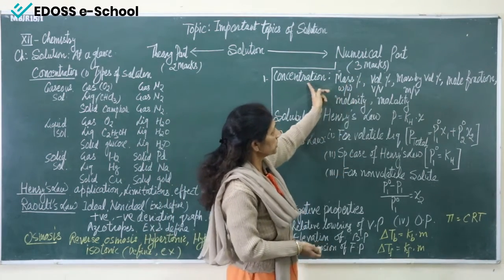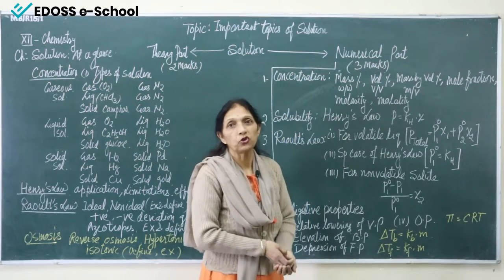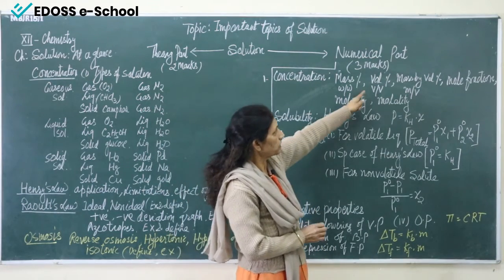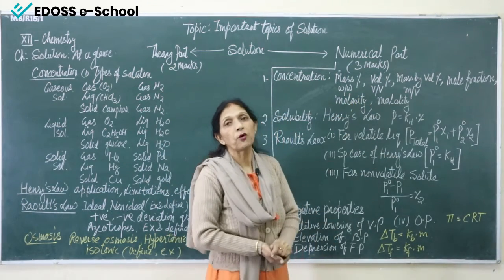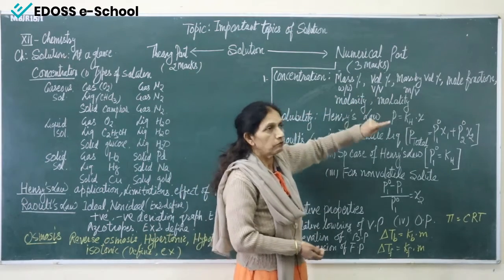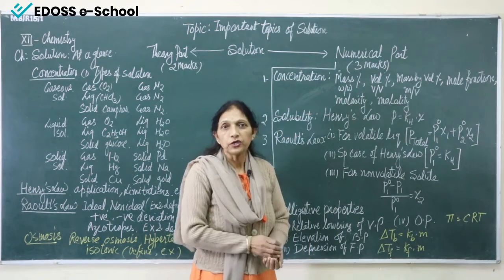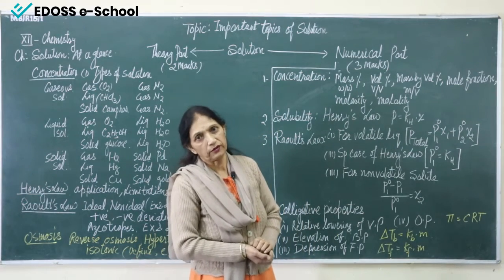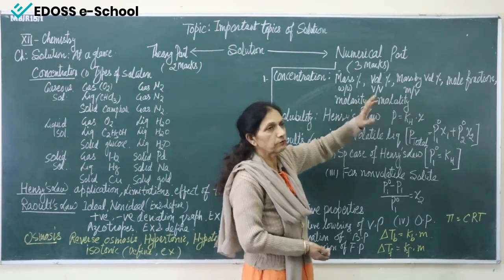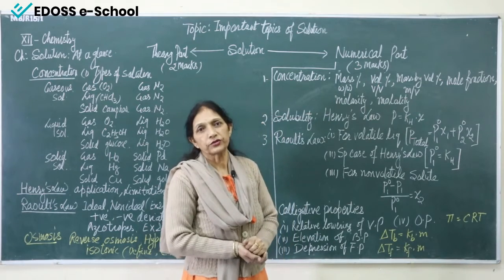Second, concentration we can find by volume percentage. So volume percentage means V upon V, the volume of solute and volume of solvent. So solution is containing liquids.